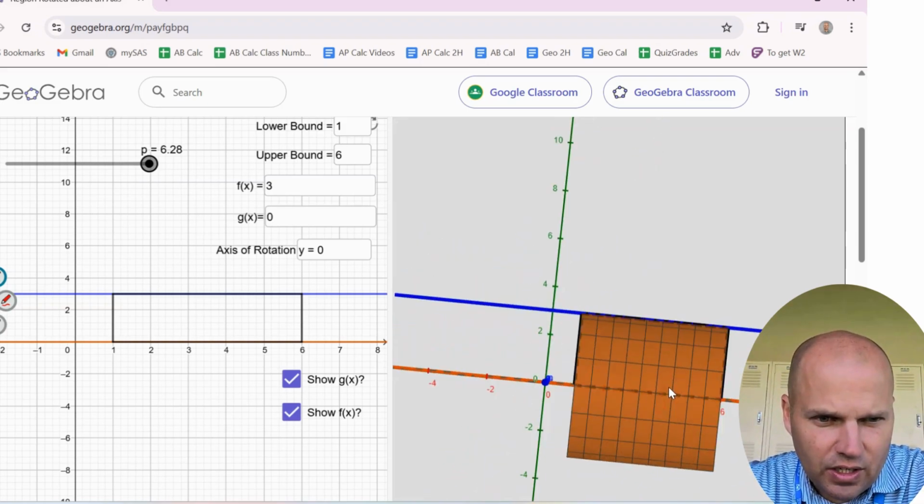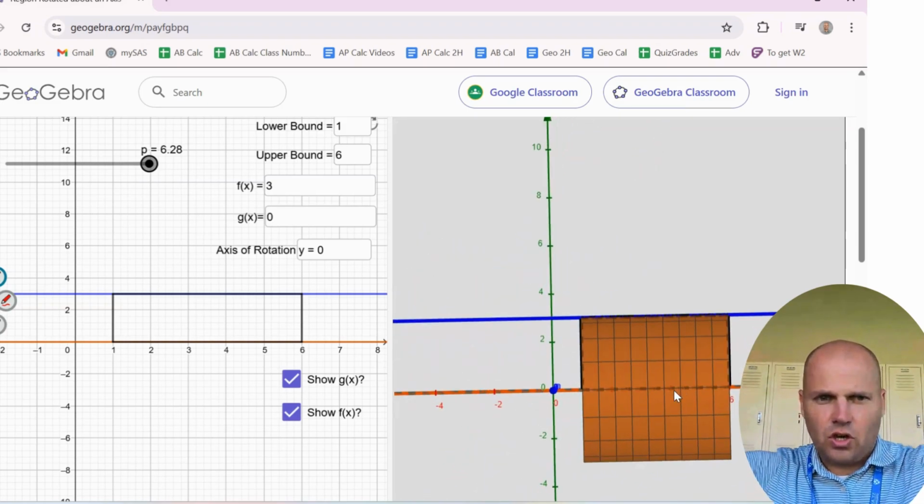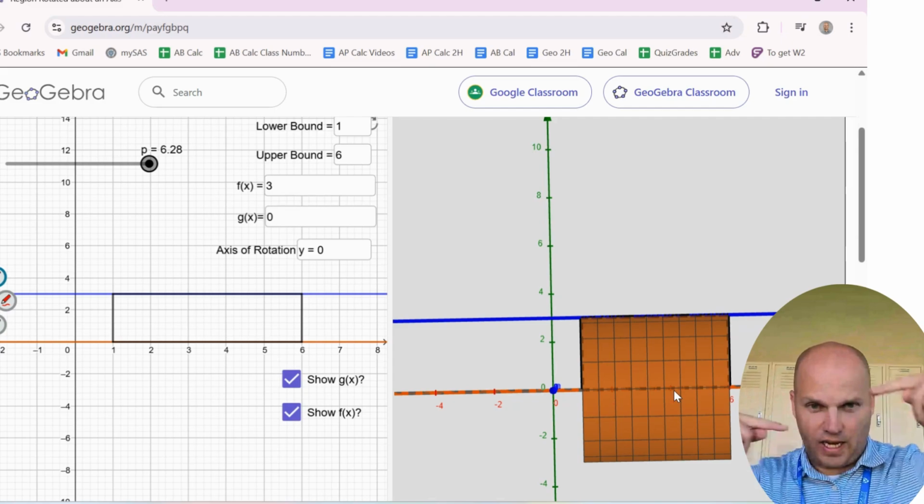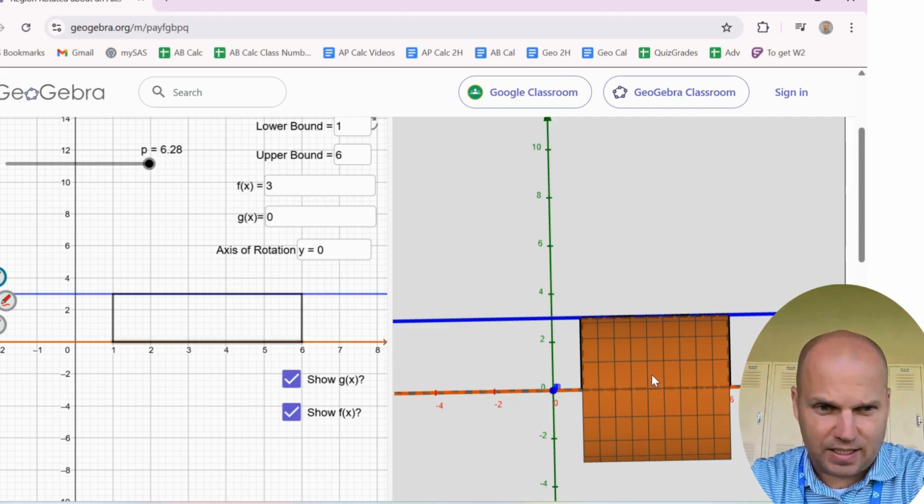The cylinder has circles on the right and the left. When I spin this region horizontally over y equals 0, it ends up being spun this way. We have circles on the right, left. We have a height, this length, circles on the right and left.